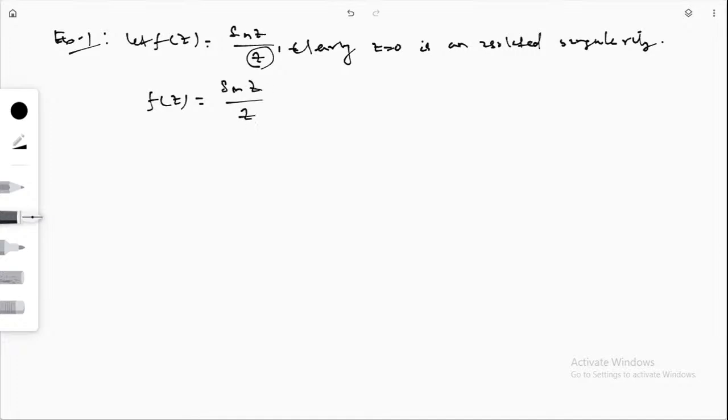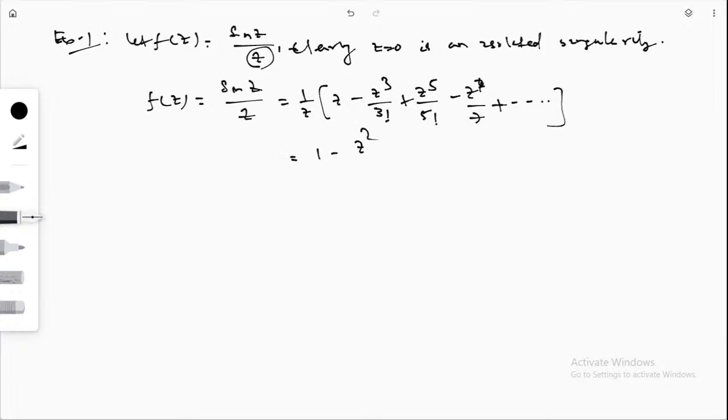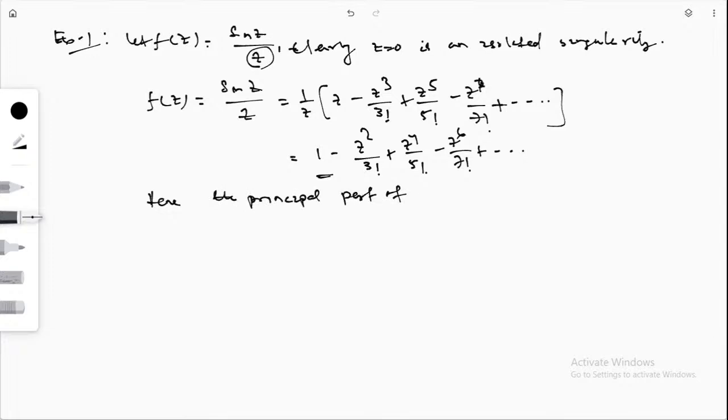I can write sin z by z as 1 by z times the expansion of sin z, which is z minus z cube by 3 factorial plus z to the power 5 by 5 factorial minus z to the power 7 by 7 factorial, and so on. Multiplying by 1 by z, this becomes 1 minus z square by 3 factorial plus z to the power 4 by 5 factorial minus z to the power 6 by 7 factorial, plus so on. There are no negative powers of z, so the principal part of f of z at z equal to 0 has no terms.